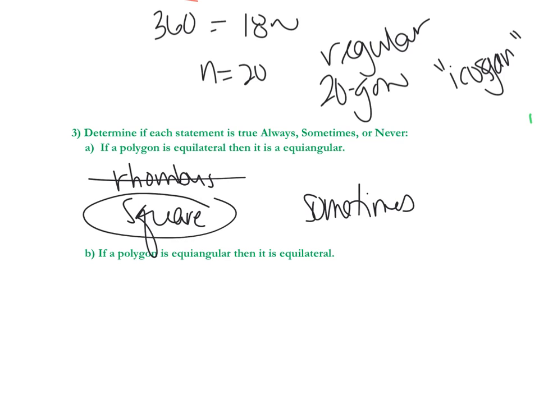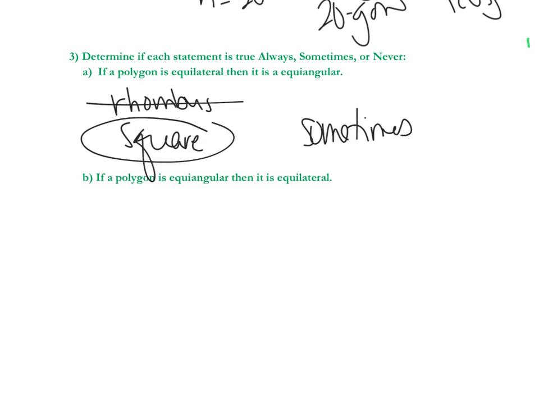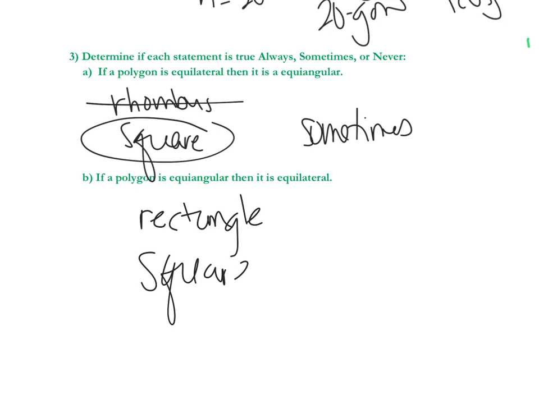Okay. And then I'll do the same thing with example B. If a polygon is equiangular, then it is equilateral. Well, let's go back to our quadrilaterals. We have two equiangular parallelograms. One is a rectangle, and one is a square.